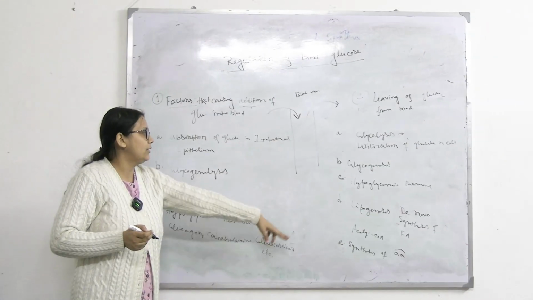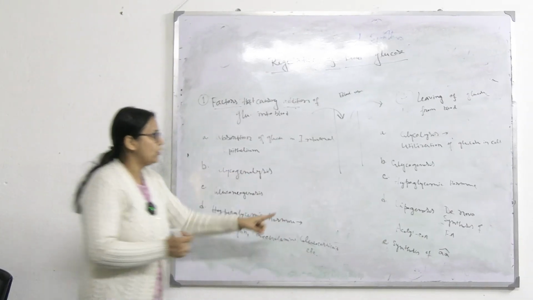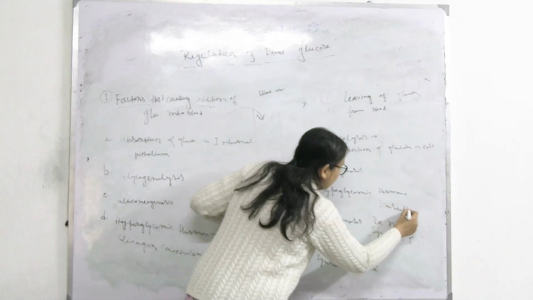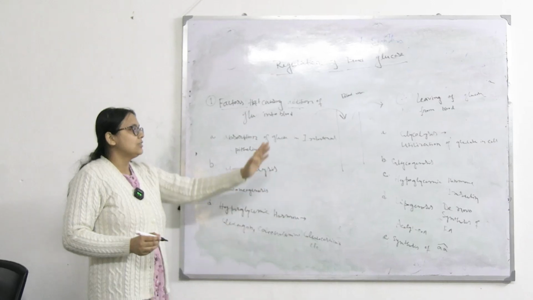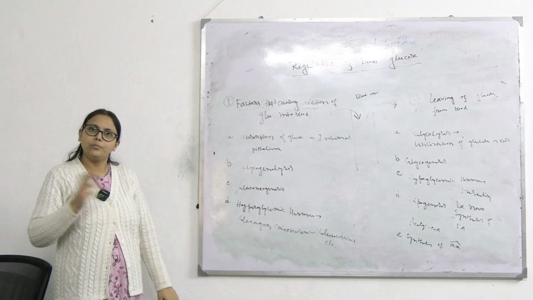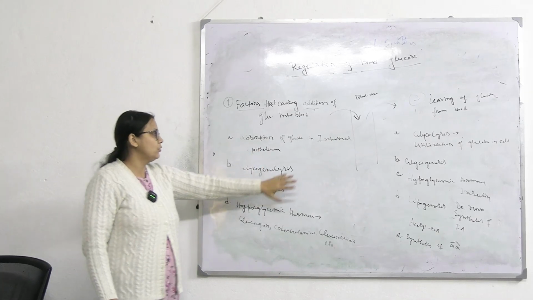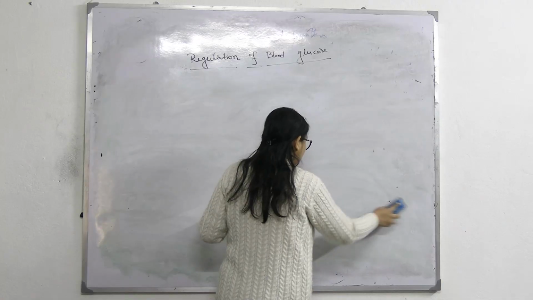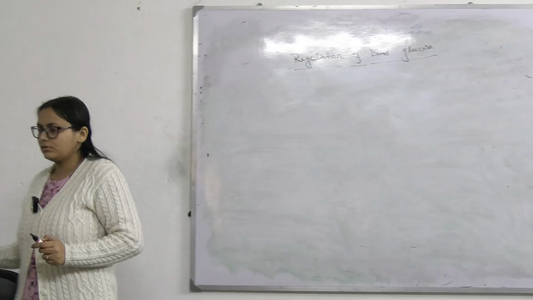So these are the factors: glycolysis, glycogenesis, the hypoglycemic hormone insulin, lipogenesis and synthesis of amino acids. These factors cause leaving of glucose from blood. Okay. So addition of glucose and leaving of glucose.